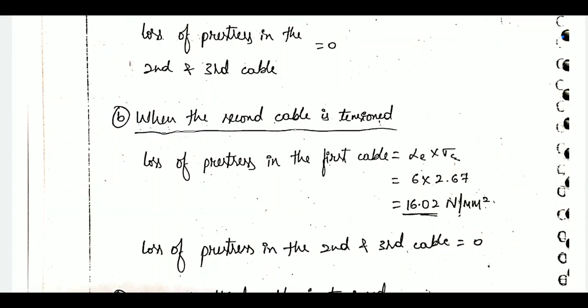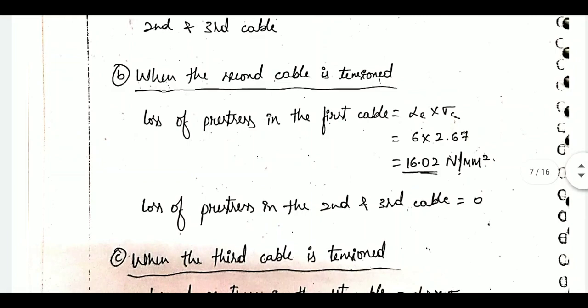For that we have the formula: modular ratio into stress. You are applying the tensile stress for the second cable, stretching it, and you have not yet touched the third cable, so there is no loss in the second and third cables. There is a loss in the first cable since you have fixed it, and no loss in the second cable since you are pulling it, and the third cable you have not yet touched.